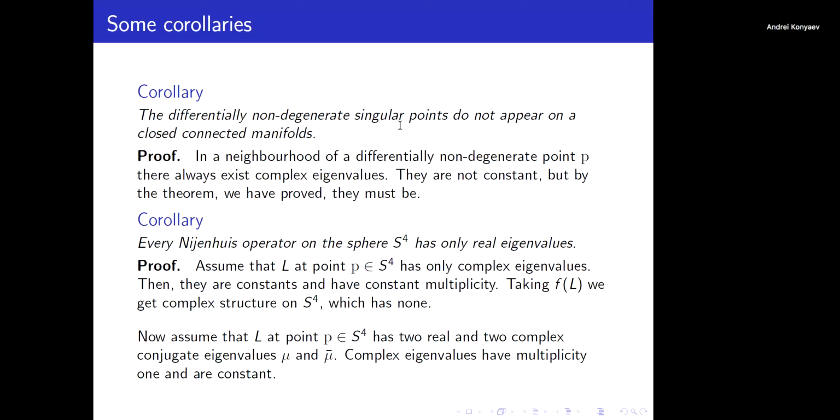You take the identity operator and multiply it by some arbitrary function, and you get an operator with non-constant eigenvalues. They all coincide at every point and they're equal to f, right? And you have this manifold which is Nijenhuis, but it's trivial.